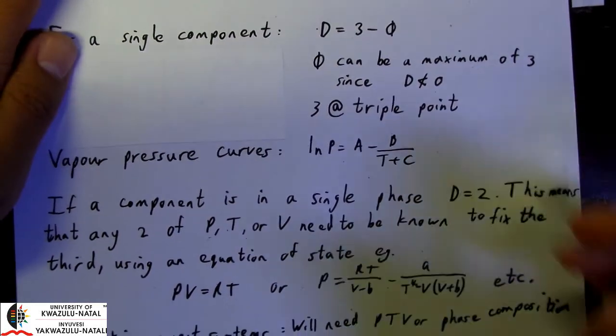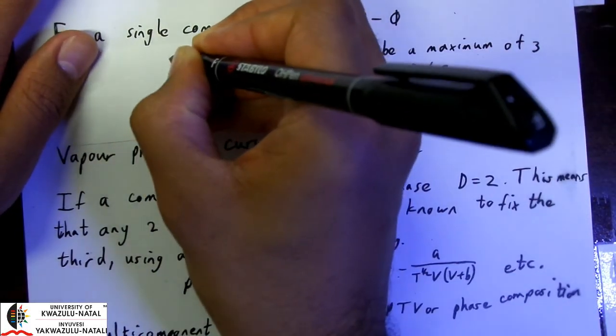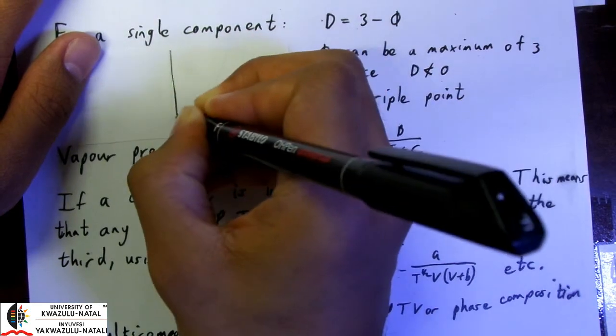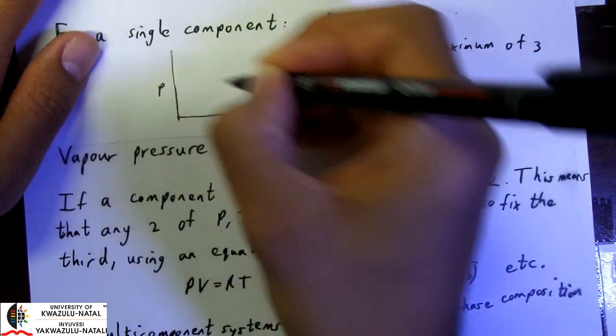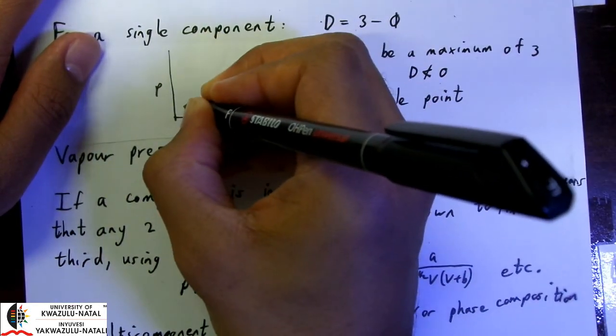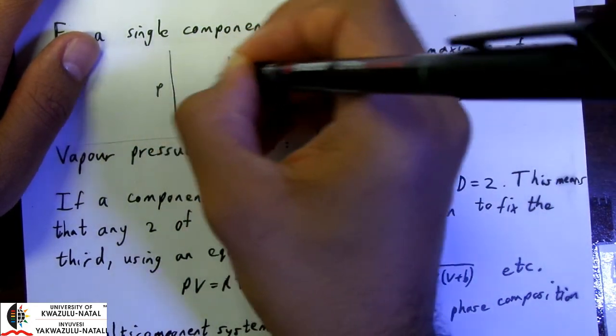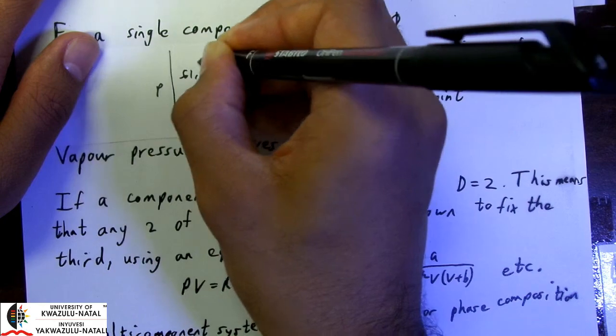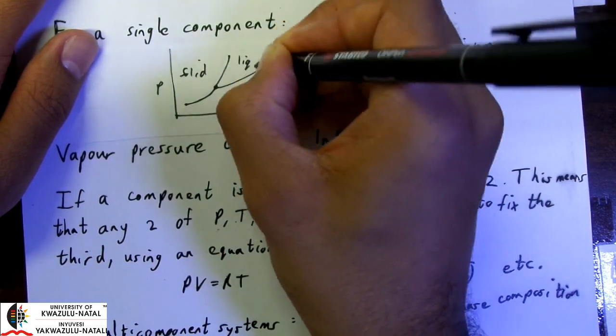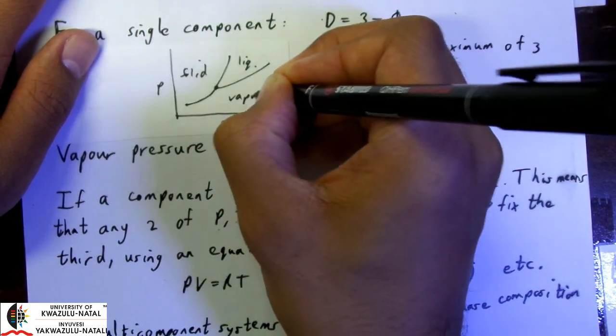Okay, so if we look at a typical pure component phase diagram of pressure and temperature, we typically have the following lines, and these will separate our solid, liquid and vapor phases.